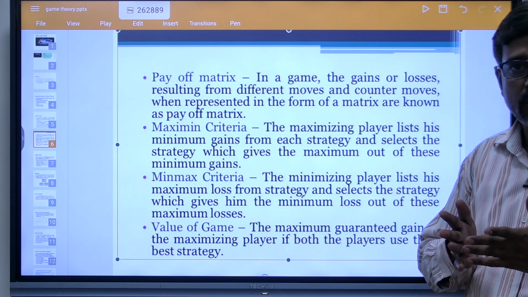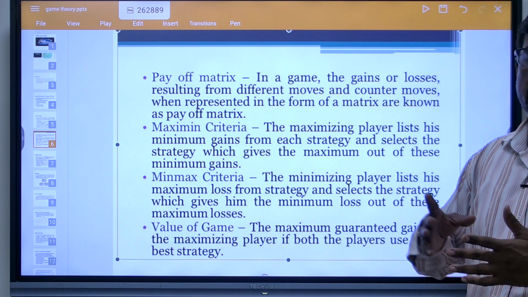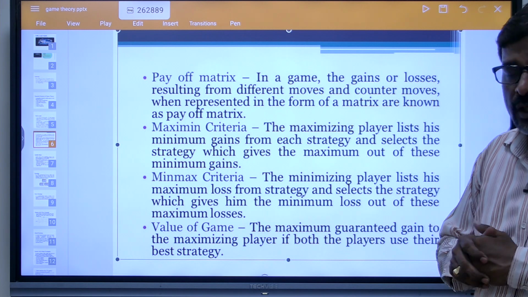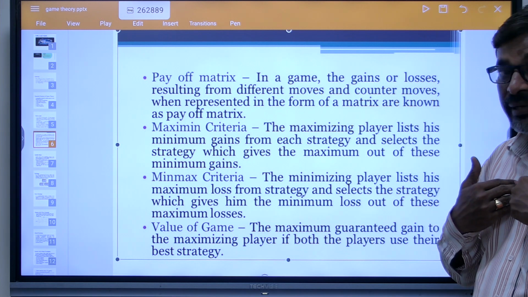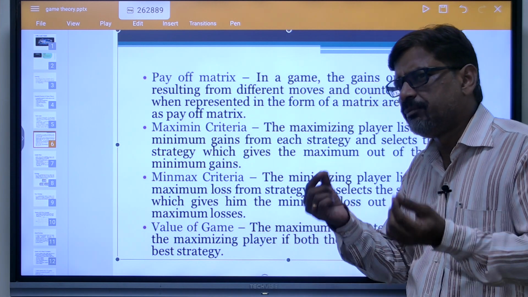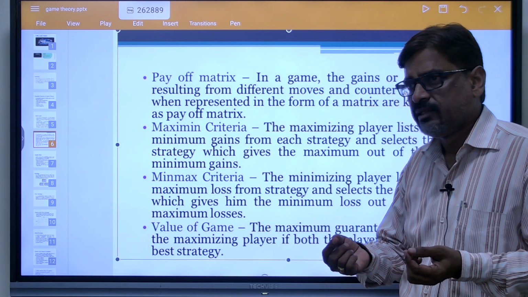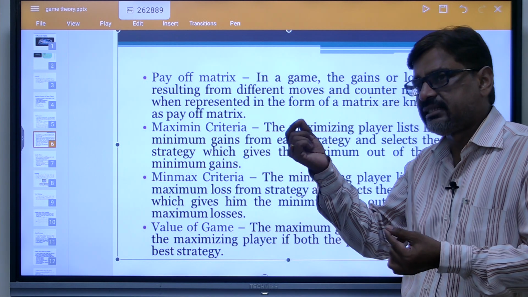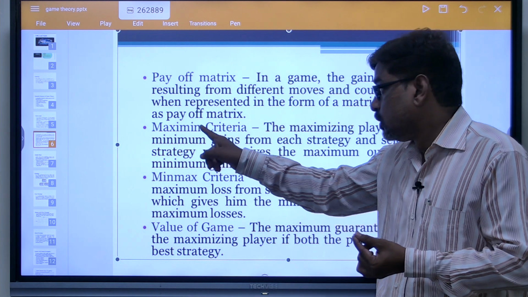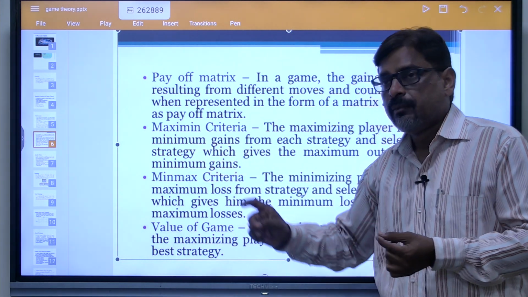So, we will have our best only. We will try to ensure at least the minimum profit we obtain from the various courses of action provided by our opponents, the competitors. So, we are just selecting the minimum profit.